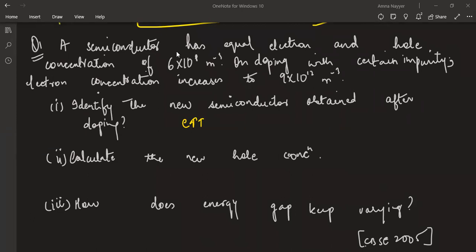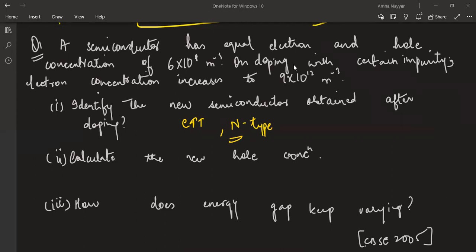Where is the number of electrons more? Good, Memuna. Yes, first and second parts are both correct. N type, class. Agreed or not? Yes, electron concentration is more. So it is N type.